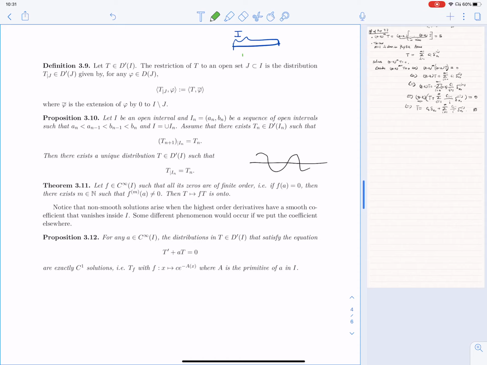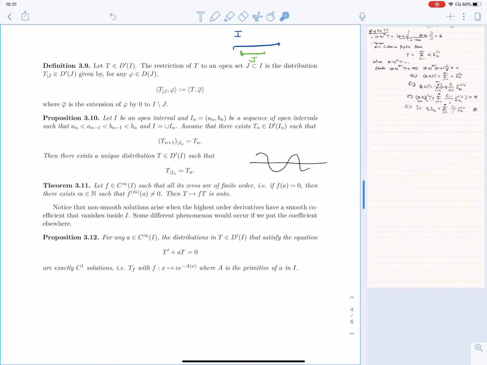I draw it in parallel so that they do not overlap. This is J. So T is a distribution on I, and the restriction of T to an open subset J of I is a distribution given by this formula.